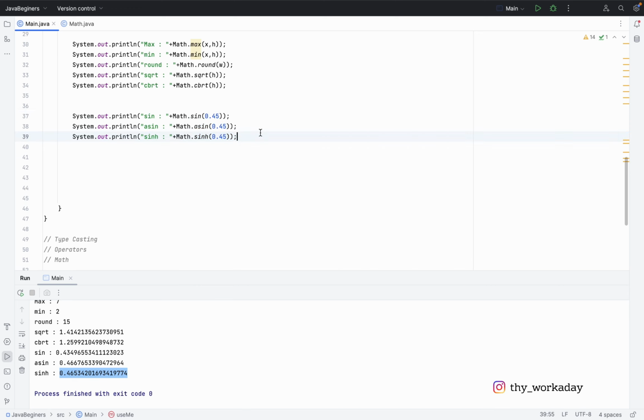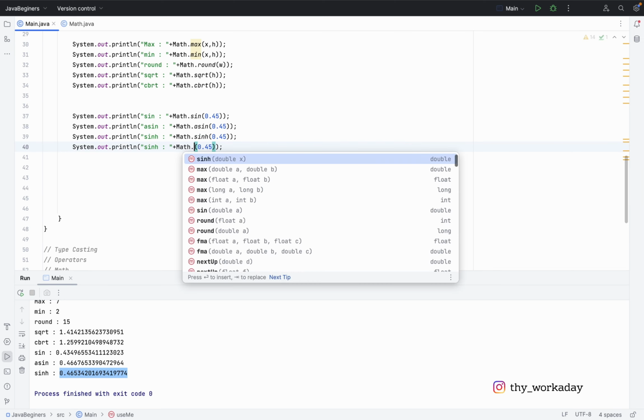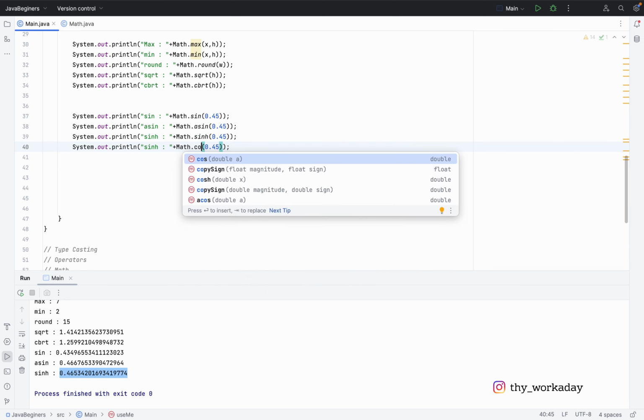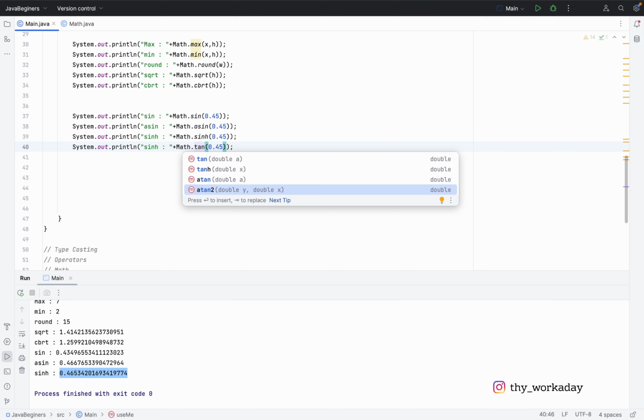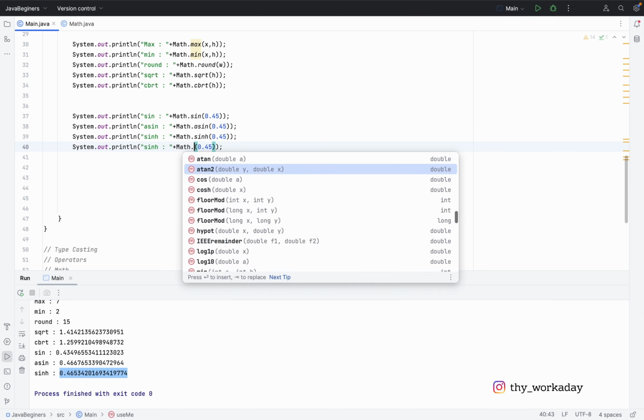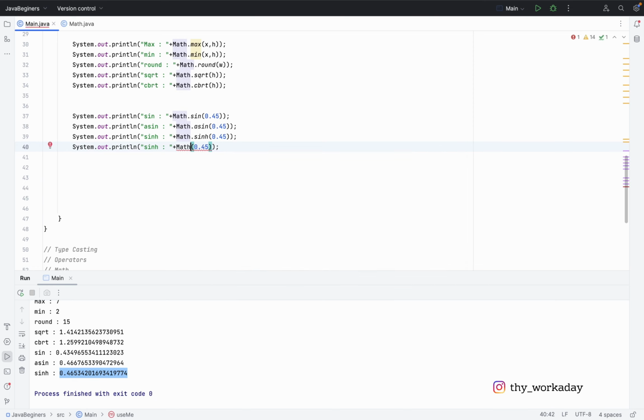So what I am showing is you can do all the scientific calculator things in this method. Not only for sine, you have it for tan, cot, and cos, right? Cosh and acos, tanh, atan2. All those things we have here like that.